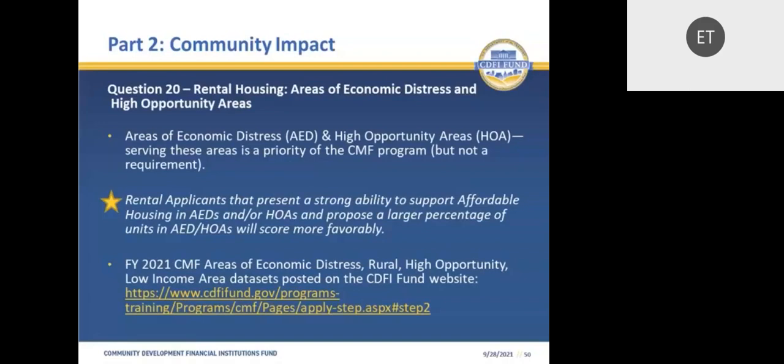We are looking for rental applicants that present a strong ability to support affordable housing in AEDs or HOAs and propose a larger percentage of units in those areas, and those applications will score more favorably. Now, we've talked about a lot of different areas, and you don't have to do a lot of research on this because we have the data sets for you on our website. You can find census tracts that are designated as areas of economic distress, rural, high opportunity areas, low income areas, and the like. There is a link on this page to where to find those data sets. Next slide.